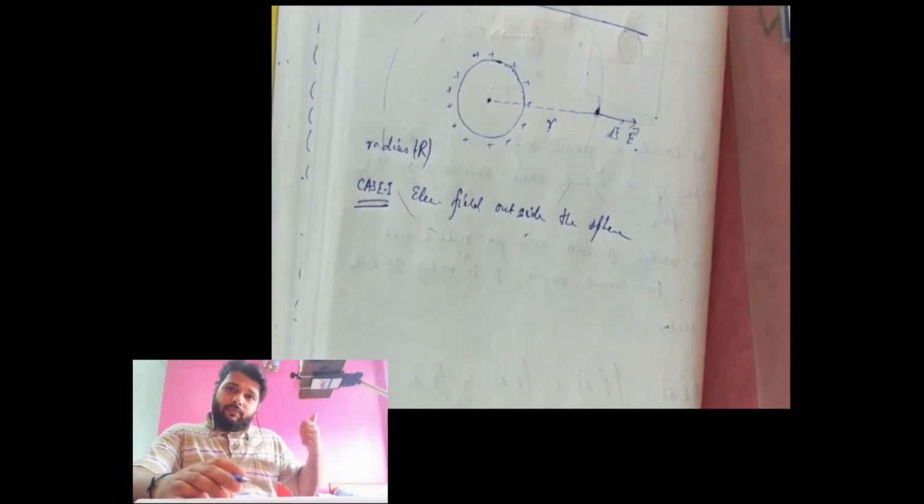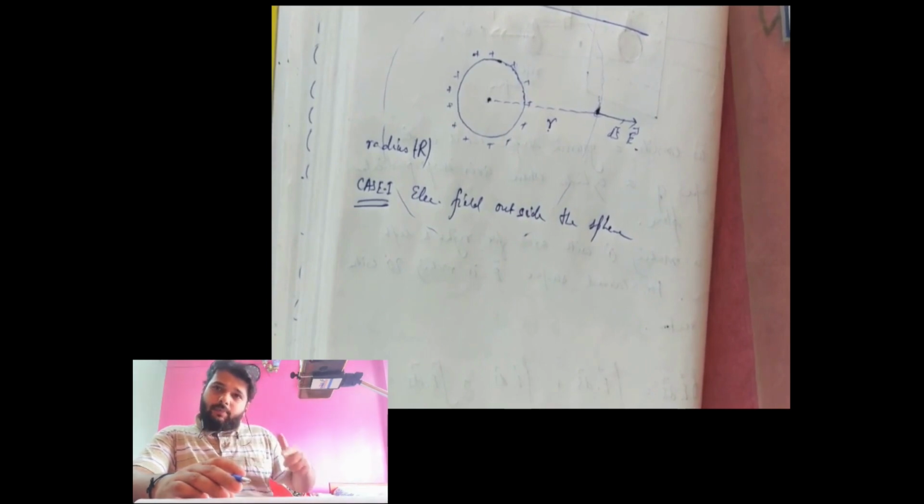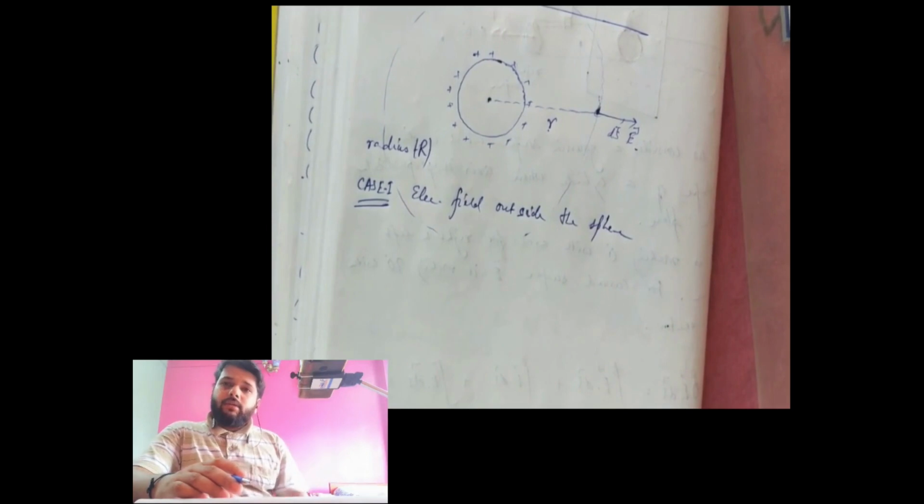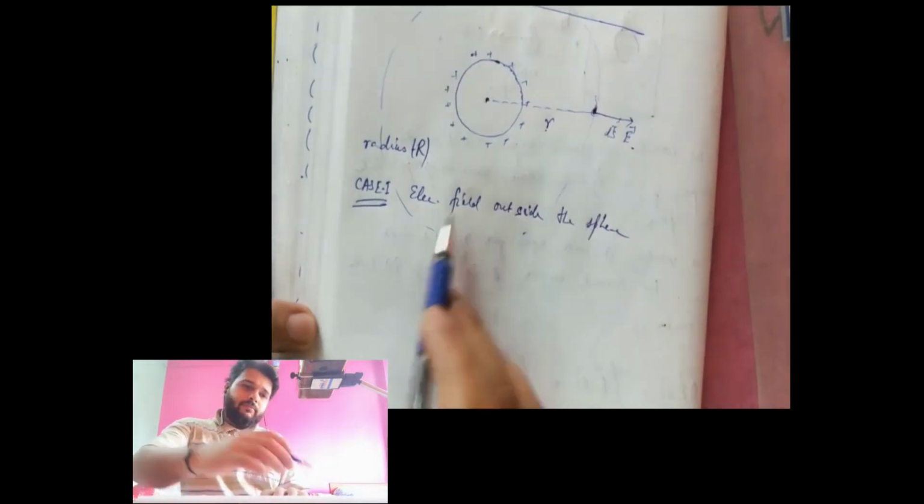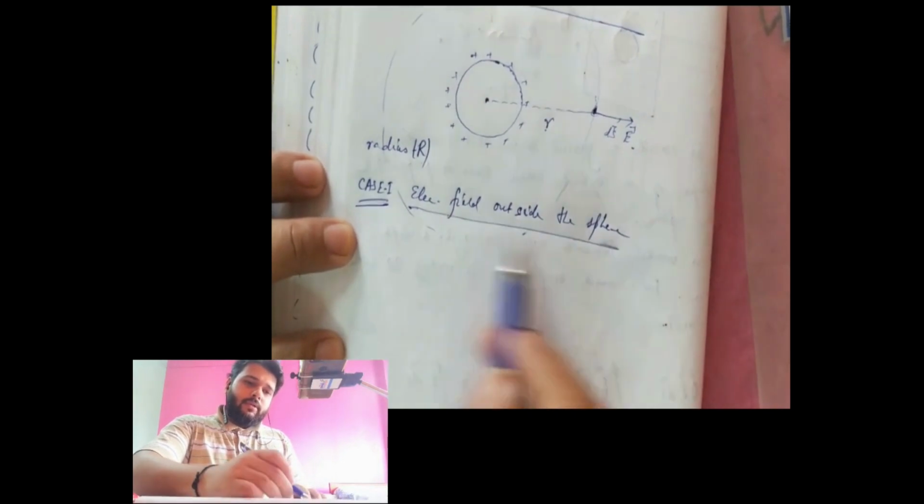In the first step, we have to consider the Gaussian surface and specify E at each surface. In case of a sphere, there is only one surface, so we'll consider the electric field only on that surface. So electric field outside the sphere, first case.